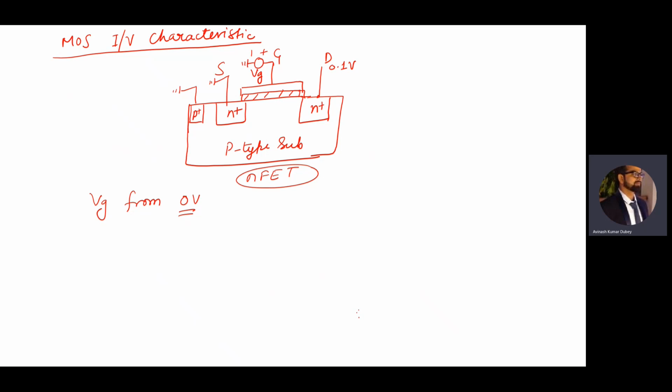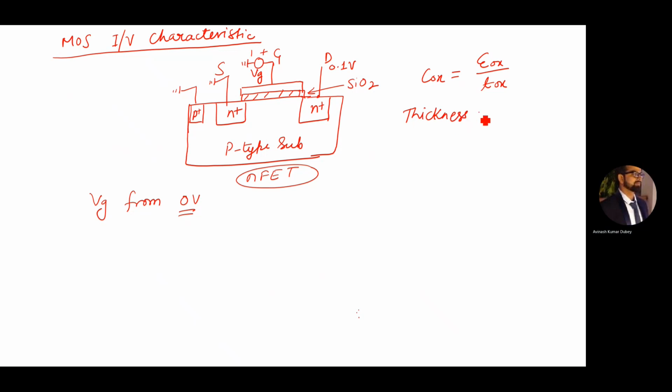Generally the gate and the substrate are separated by the oxide, this SiO2 oxide. Therefore there is a capacitance offered there, which is nothing but COX, given by epsilon OX divided by TOX, where TOX is the thickness of the oxide layer.